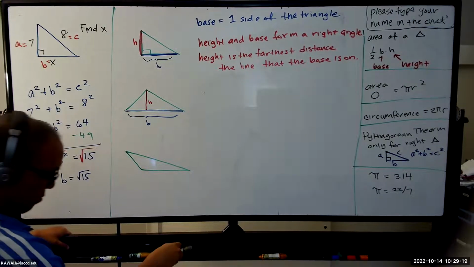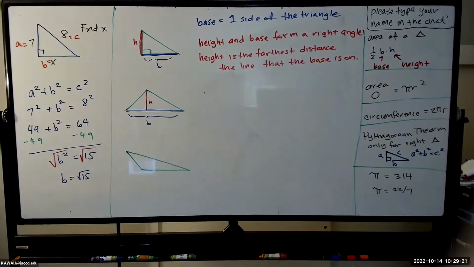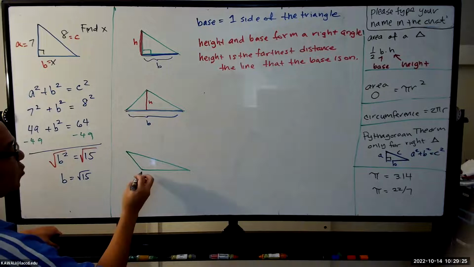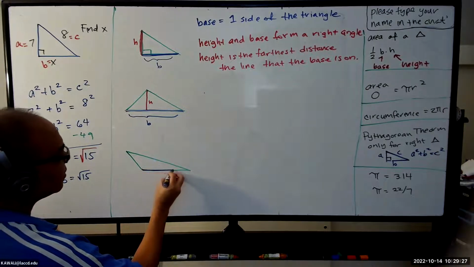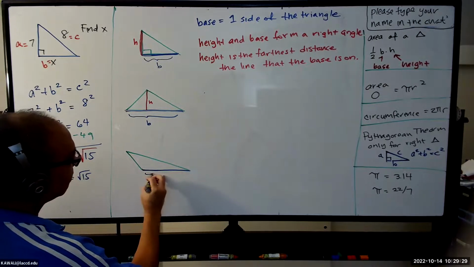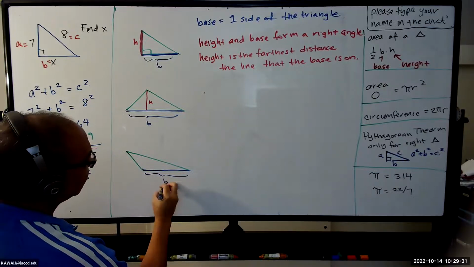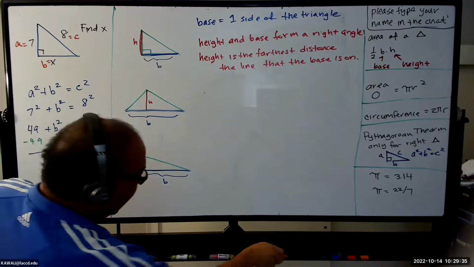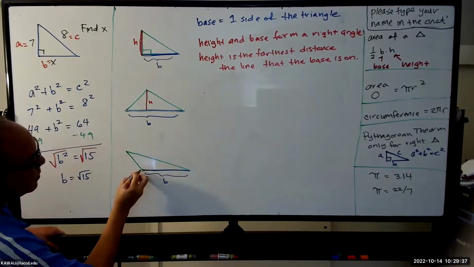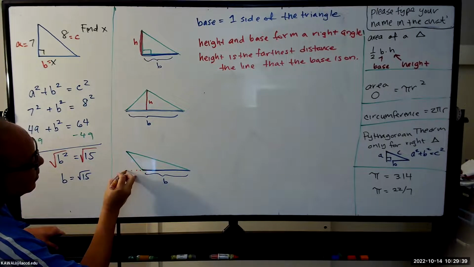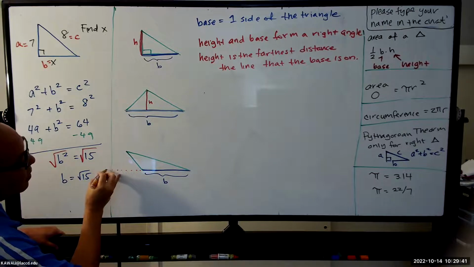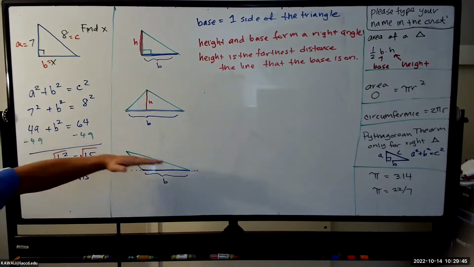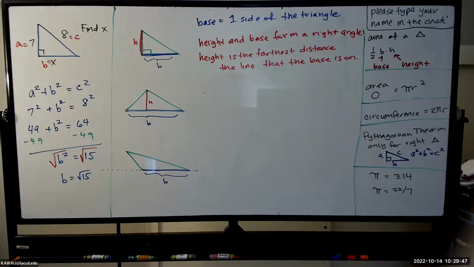So now this will be my base. This length right here, because the base is only the length of one side of the triangle. Now, if we extend this side, okay, so we're talking about the line that the side is in.